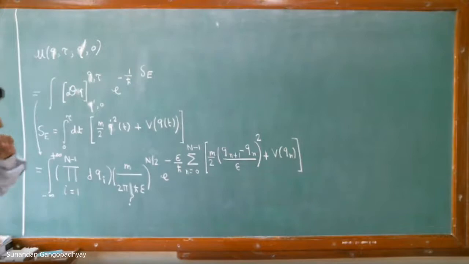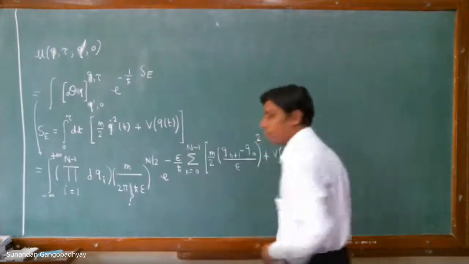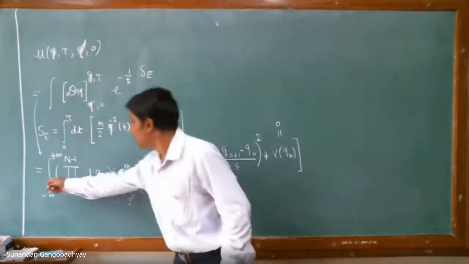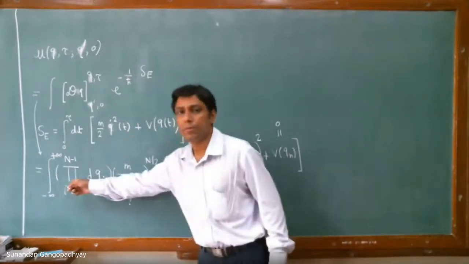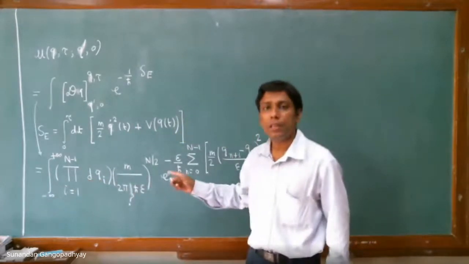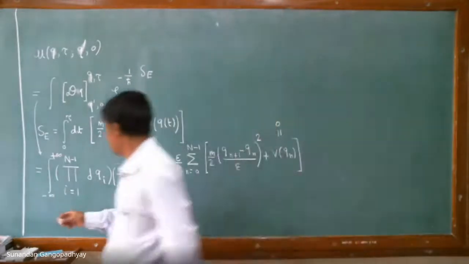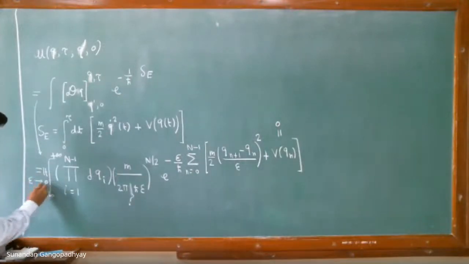So for the free particle, V is 0, and you can start calculating the Euclidean path integral from first principles, as we did in the free particle case earlier. You should also remember that here you have the limit epsilon going to 0 and capital N tending to infinity.